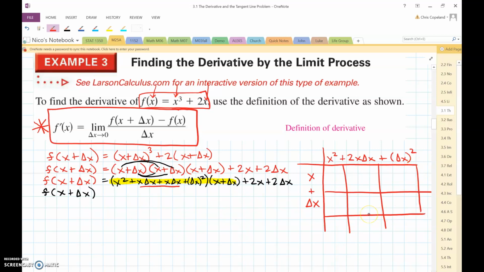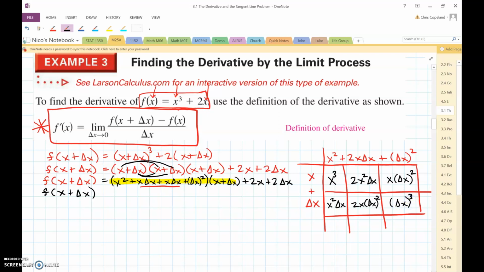I'm going to multiply x times x squared, which would be x cubed, then x times 2x delta x would be 2x squared delta x, x times delta x squared would be x delta x squared. This would end up being x squared delta x. This would be 2x delta x squared. And this would be delta x cubed.